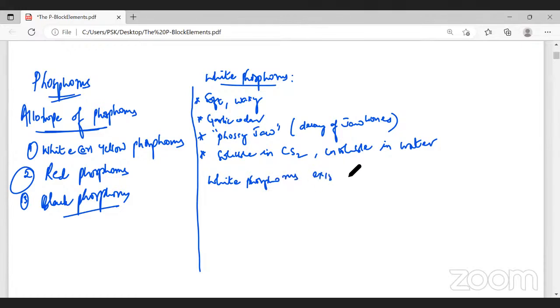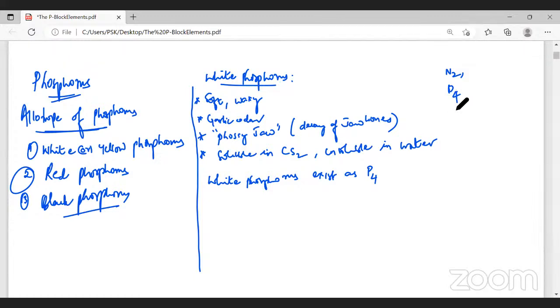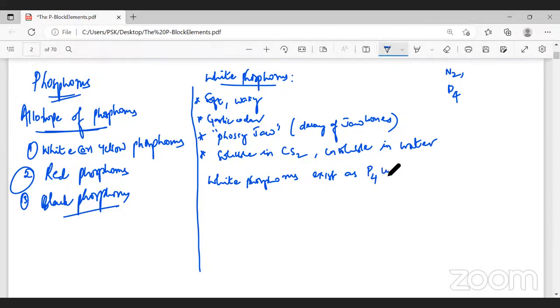Nitrogen exists as N2, diatomic, and phosphorus exists as P4. See the difference. Because the catenation of phosphorus is a little higher than nitrogen, phosphorus exists as P4. So white phosphorus exists as P4 units.